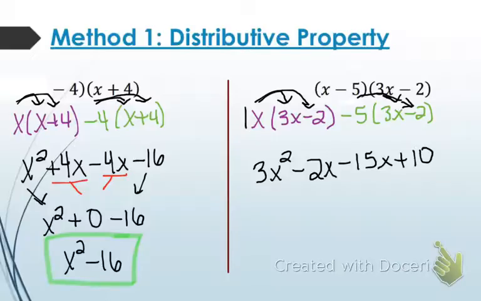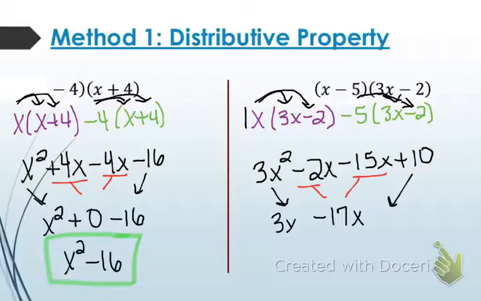So we check, okay, any like terms here and here. Put those two together, and we get negative 2 minus 15. Add the two numbers, keep the sign. So that is negative 17. Keep the x, and bring these two terms down.